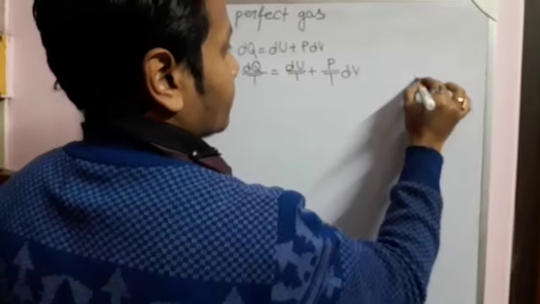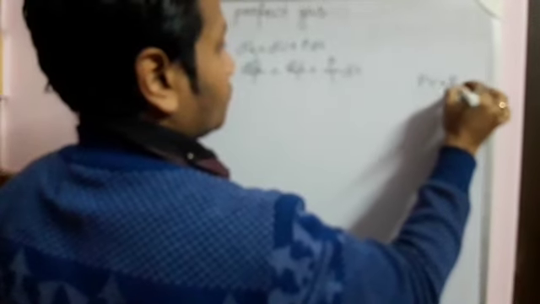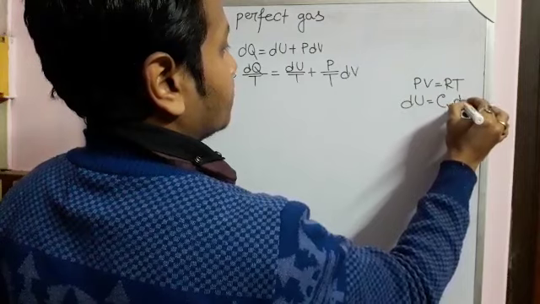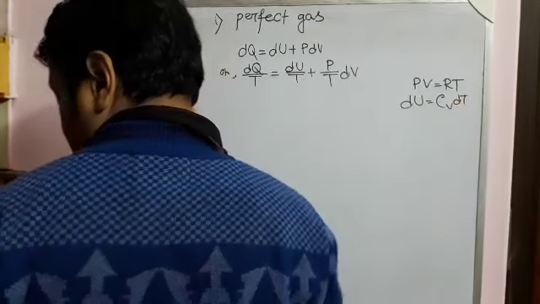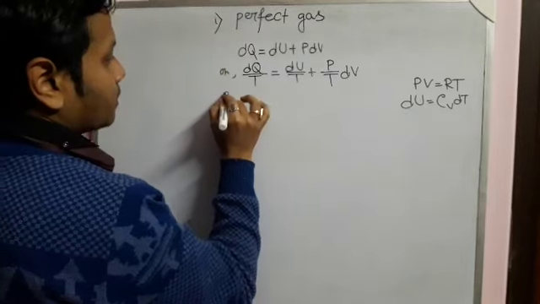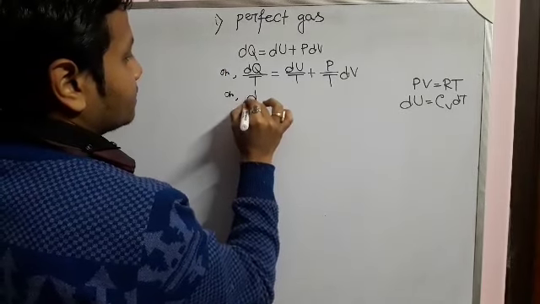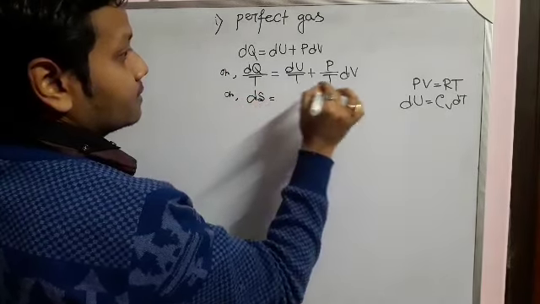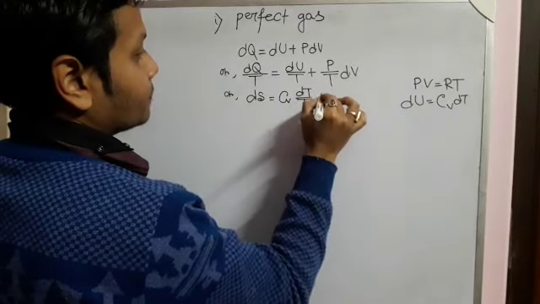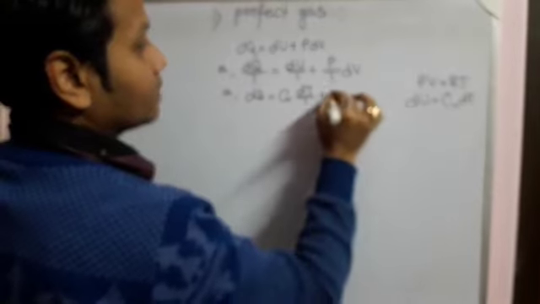Now in case of a perfect gas, we can write PV equal to RT, and du we can always write as Cv dT, where Cv means molar specific heat at constant volume. So if we substitute that, then what we get? This is ds, and du means Cv dT, that means Cv dT by T, and p by T means R by V, so that is R into dV by V.